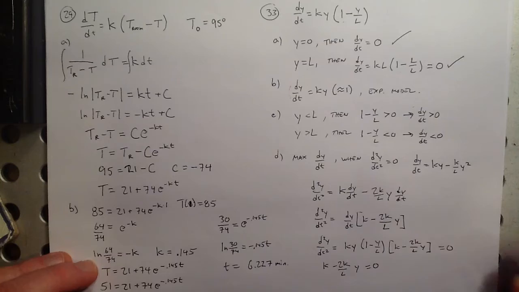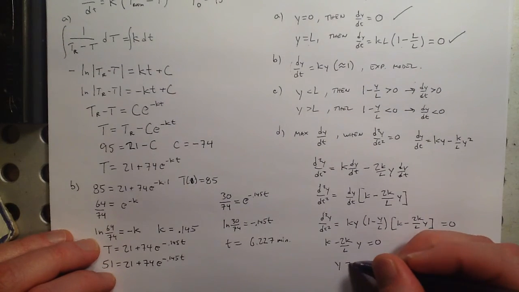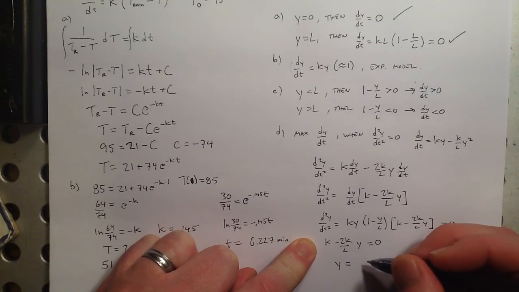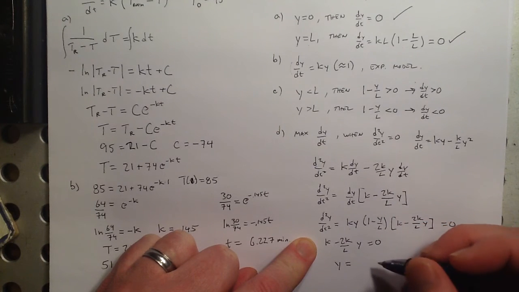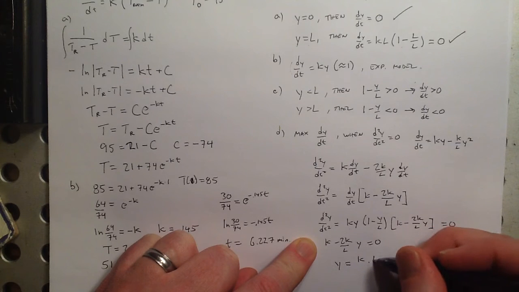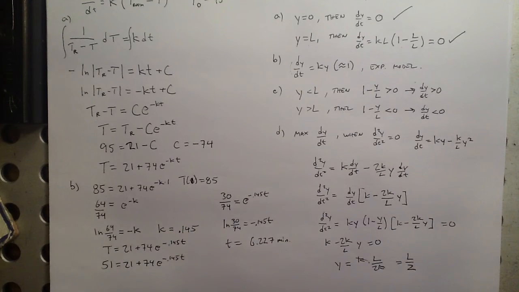So solving that for y, we get y is equal to, move that term to the other side, and then divide by 2k over L. So it's k times L over 2k. K's cancel out, and there you go. The maximum growth rate happens halfway to the carrying capacity when y is equal to L over 2.